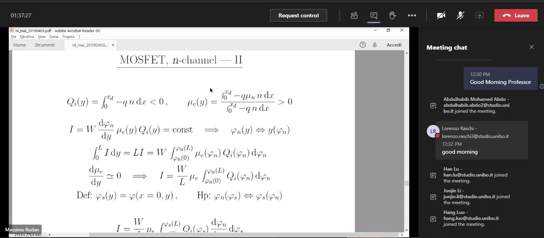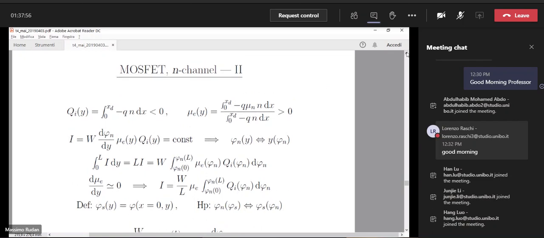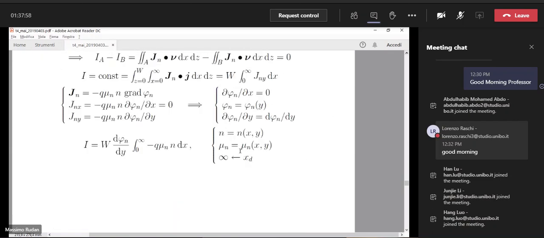And the definition of it is the integral between 0 and xd of minus q mu n over x divided by the integral of minus q n dx. Observe that the numerator of this fraction is exactly the integral that we must calculate here for the current, okay?